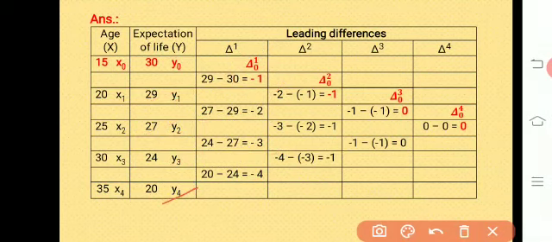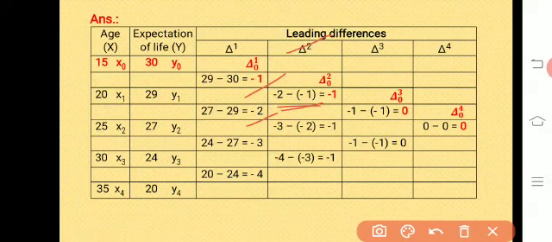Similarly, y4 minus y3 is 20 minus 24, which is minus 4. Then we'll find delta squared. Delta squared is nothing but minus 2 minus minus 1. Minus 2 minus minus 1 is minus 2 plus 1.